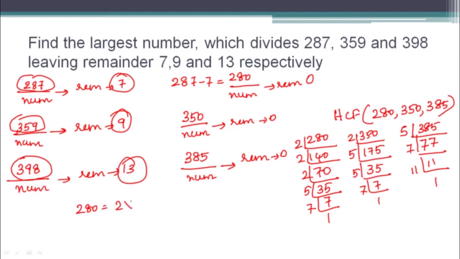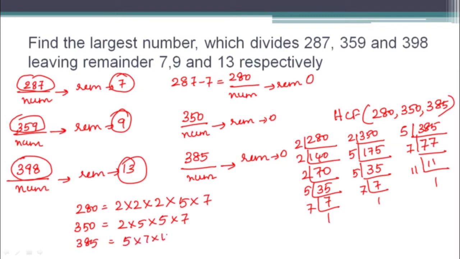I have used the prime factorization method here, and I am writing 280 in terms of its prime factors. So we will have 2 multiplied by 2 multiplied by 2 multiplied by 5 multiplied by 7, that is 280. Similarly, 350 can be written as 2 multiplied by 5 multiplied by 5 multiplied by 7, and 385 is written as 5 multiplied by 7 multiplied by 11.